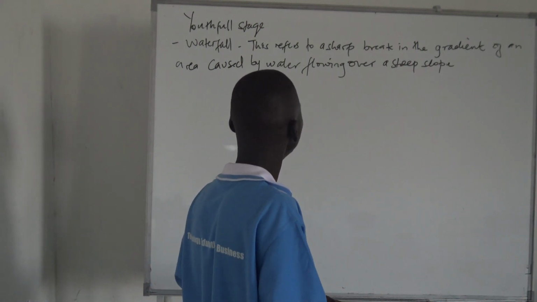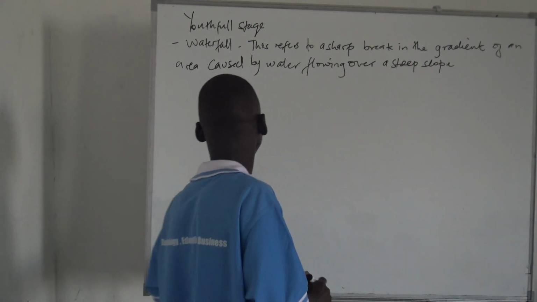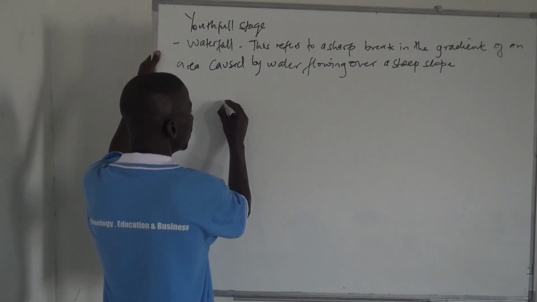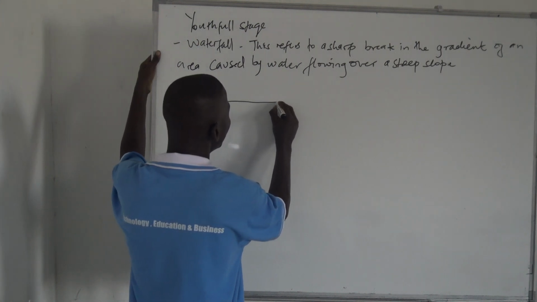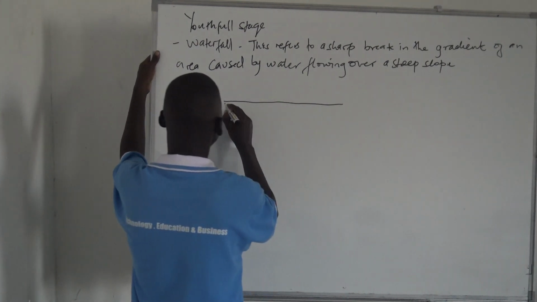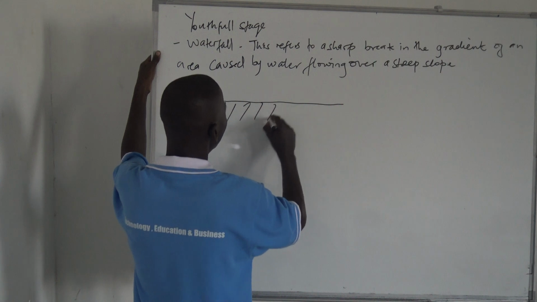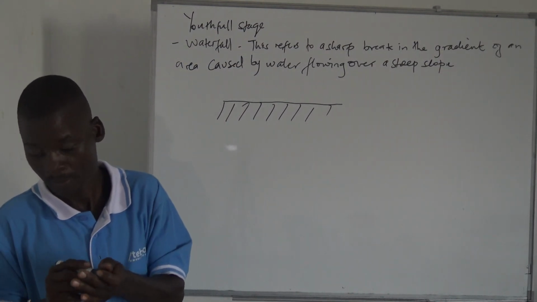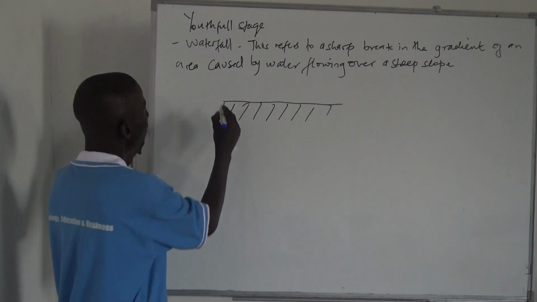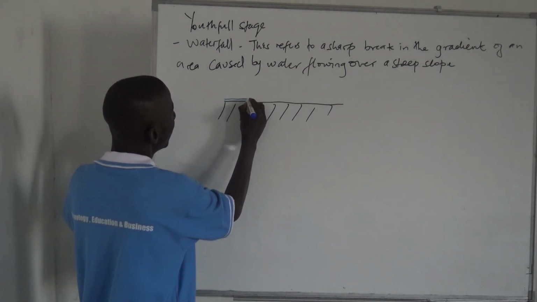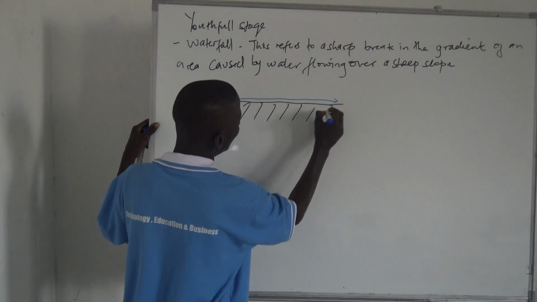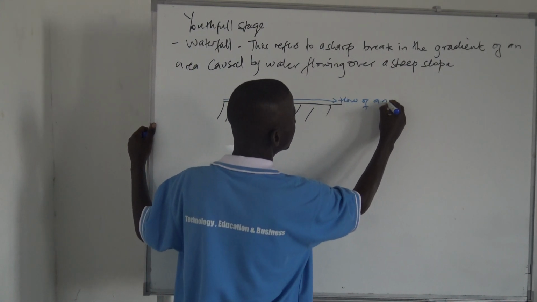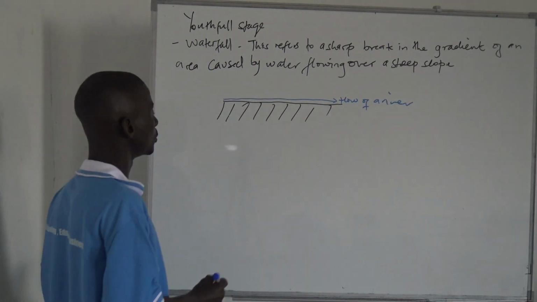So, usually waterfalls are formed when, take an instance, this originally was the level of flow of our water. This is our land, and the river is flowing over here towards that direction.